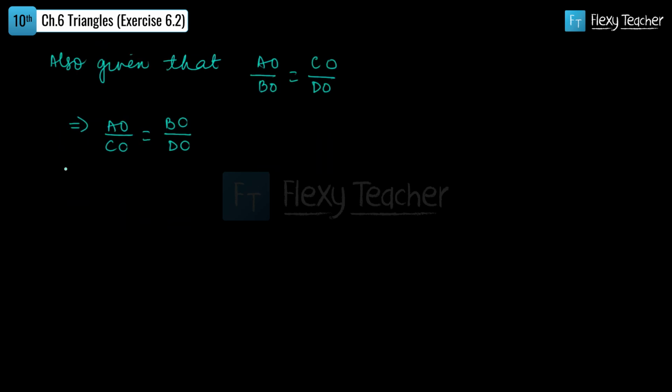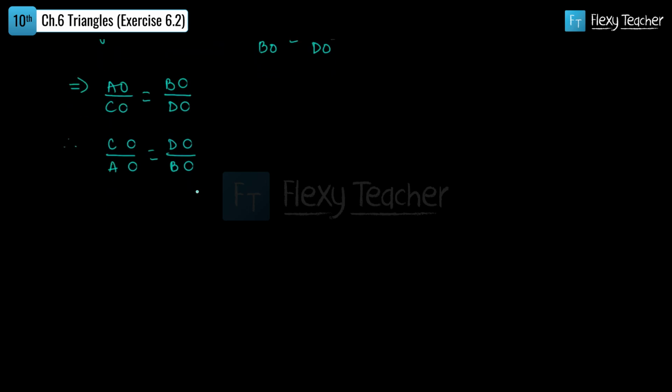Therefore, taking the reciprocal, CO upon AO is equal to DO upon BO. Okay, this implies that DO upon BO is equal to CO upon AO. This is B.